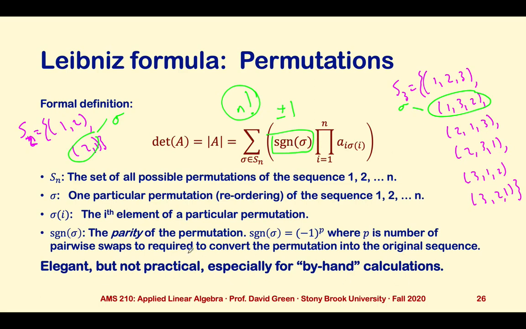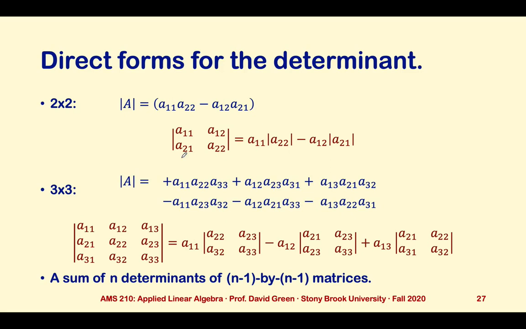We don't use this method, but I'd like you to know that it exists because it is quite a beautiful form in many ways. It suggests that there's something deeply meaningful about the determinant, and it's not just a tool that we can use. All right.